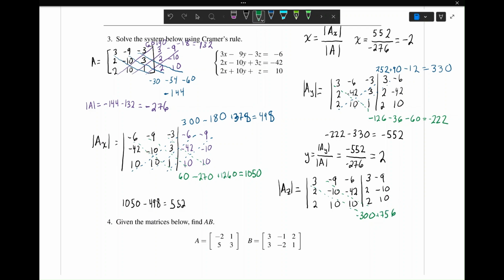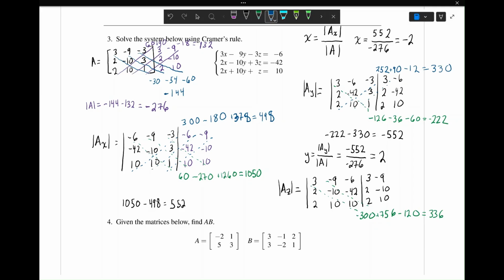Negative 6 times 2 times 10 is going to be negative 120. I add those together, and I get positive 336.